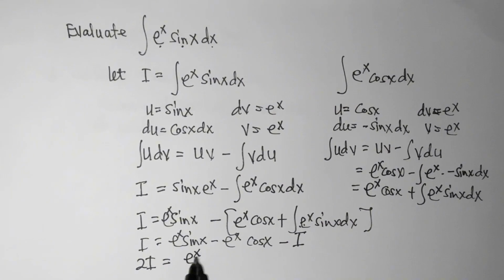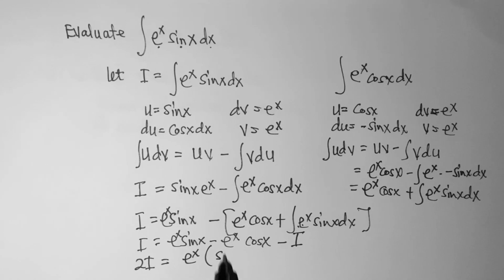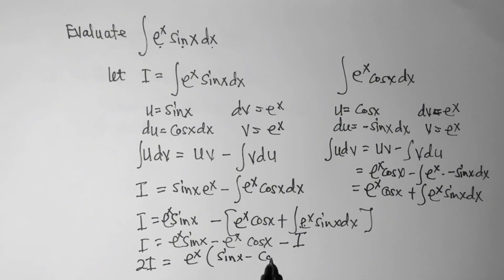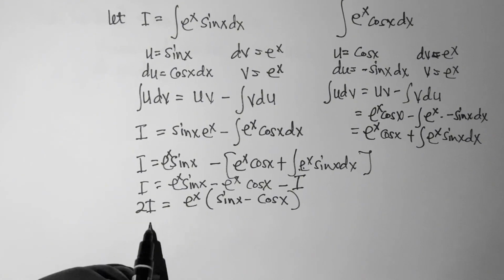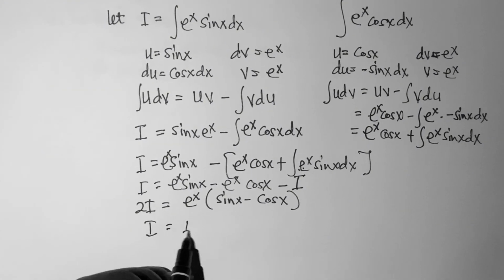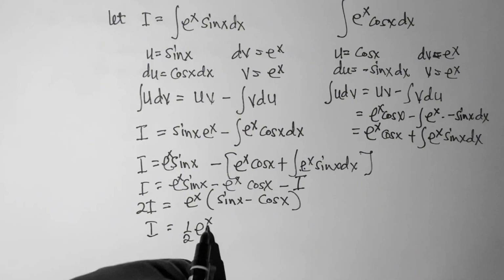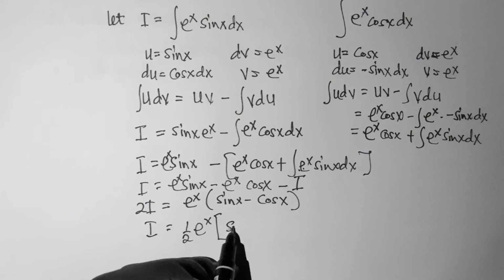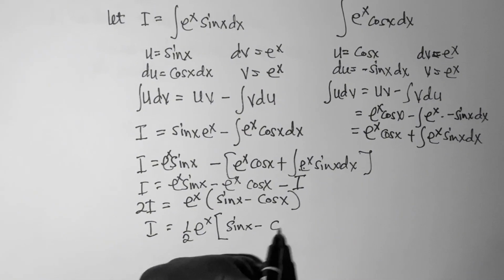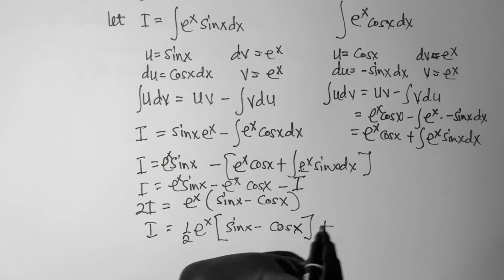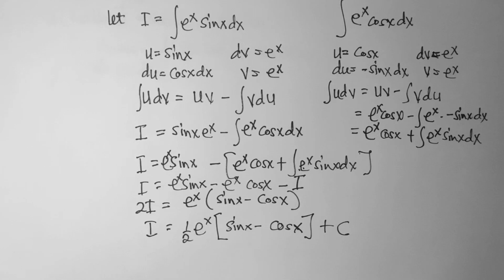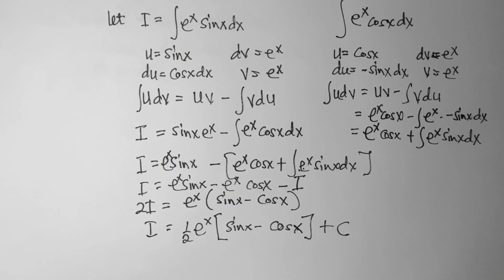So exponent x times sine x minus cos x. So making I the subject, I is equal to half of exponent x, then times sine x minus cos x, then plus the constant of integration c. So this is the answer for that integral.